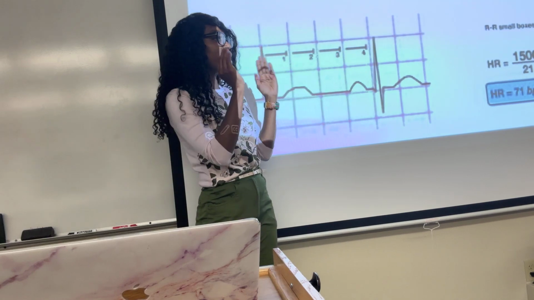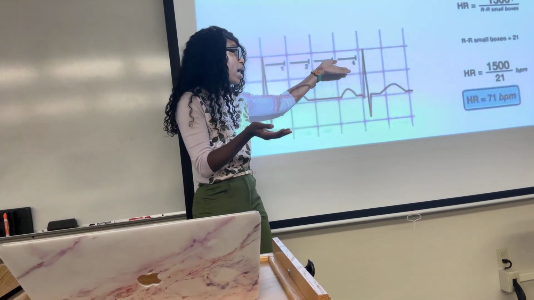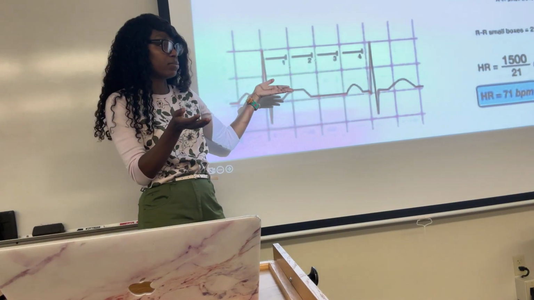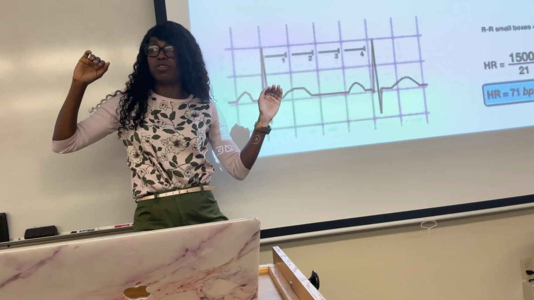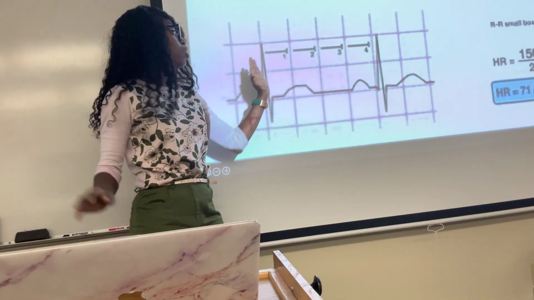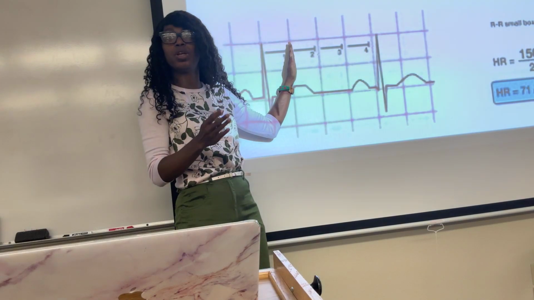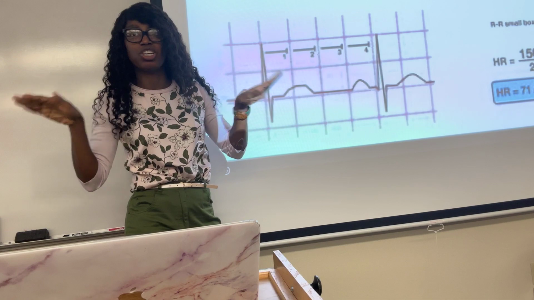So again, 1500: 5, 10, 15, 20, or 1500 divided by that number, right? 300 rule, either you memorize 300, 150, 75, 50, and then wherever the next one lands, you're like, oh, I remember that box means 150, so that's the rate, and you're done.